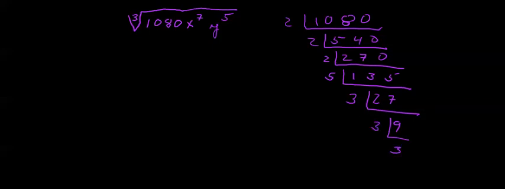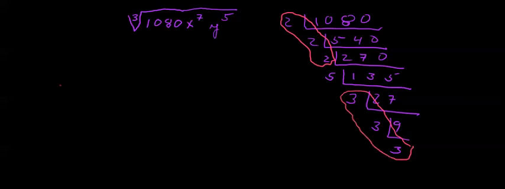So now I see I have 3 2s. I see I have 3 3s. 2 times 3 is 6.